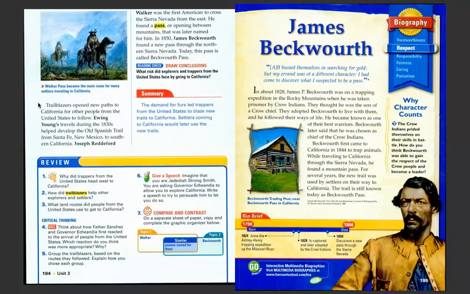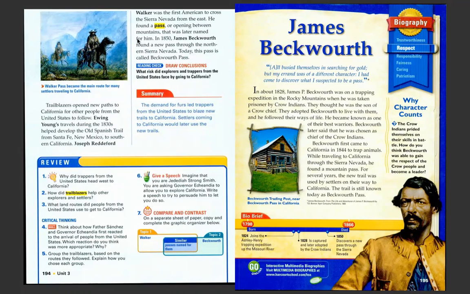Ewing Young's travels during the 1830s helped develop the old Spanish Trail from Santa Fe, New Mexico to Southern California. Joseph Redford Walker was the first American to cross the Sierra Nevada from the east. He found a pass, or an opening between mountains, that was later named for him. So this is the Walker Pass that was named for him.